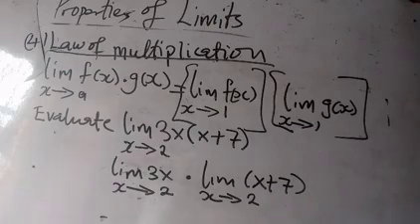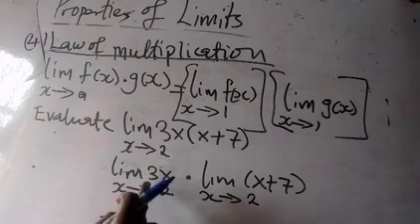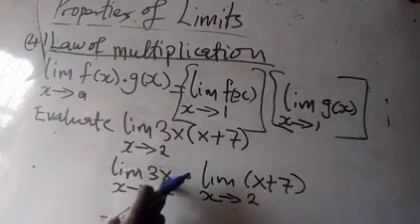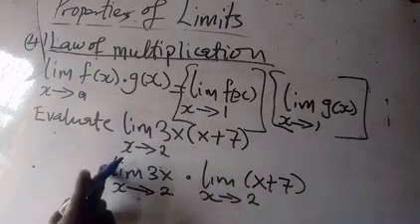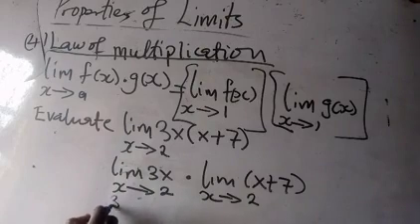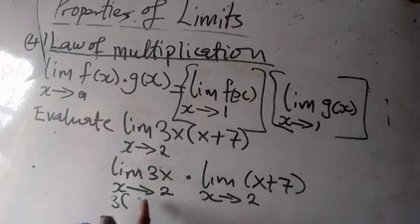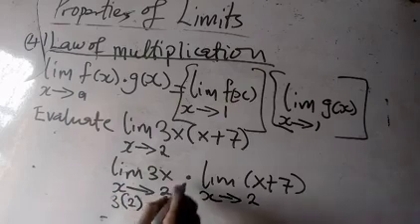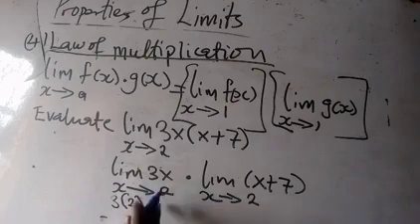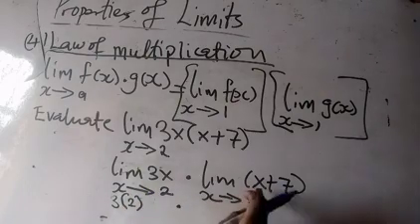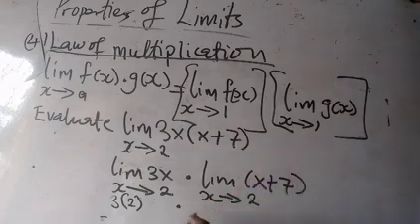And what do we do here? This is a constant, this is a function. So the constant will come out here to be 3 multiply x. And what is the value of our x? 2. We substitute 2 here, 2 plus 7.